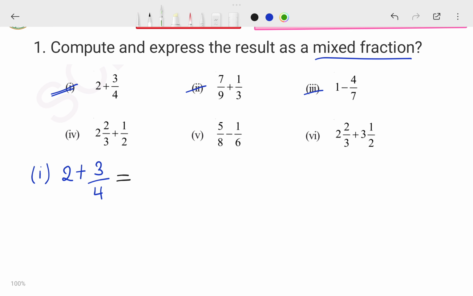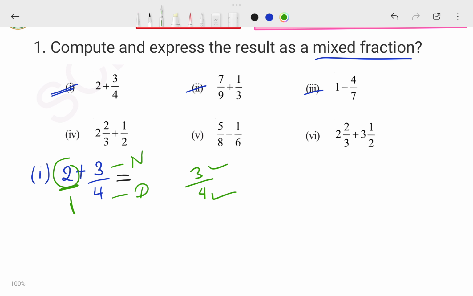Here there is a 4 in the denominator. The upper part is known as the numerator and the lower part is known as the denominator. Here, 3 is the numerator and 4 is the denominator. But there is only a single 2, a numerator, with nothing in the downwards.